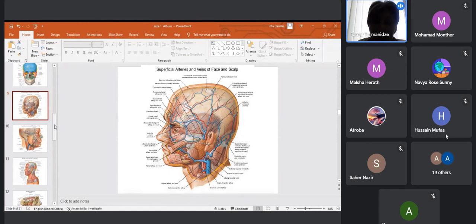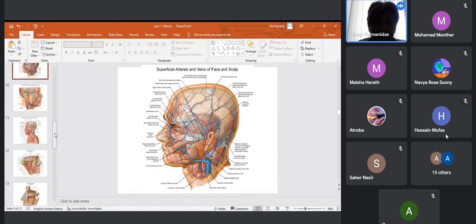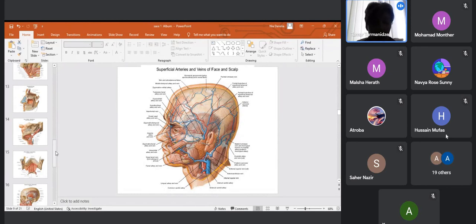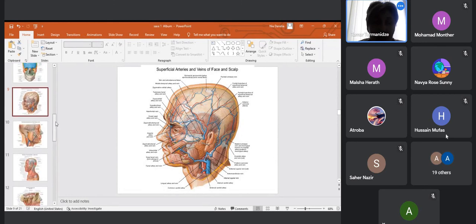More deeply in a lateral part of the face, we have not much time, but I start now the deep region of the face and the main topics I will tell you about the deep region, what you must pay attention to. The deep region, we have told, is located deeply through the lateral part of the face.